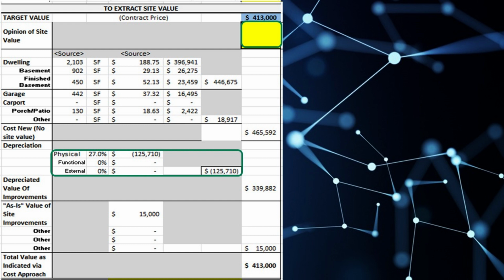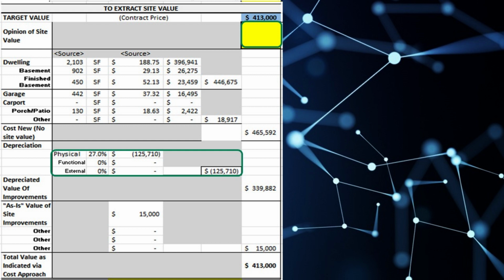As you can see, this example assumes age life depreciation of 27%. We're going to vary that in just a few minutes. Since this is age life depreciation, which is accrued depreciation, which means all depreciation, we have not made any attempt to allocate the total of $125,710 to physical, functional, or external obsolescence factors.